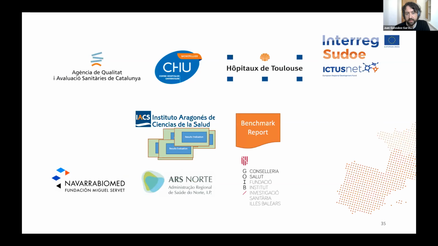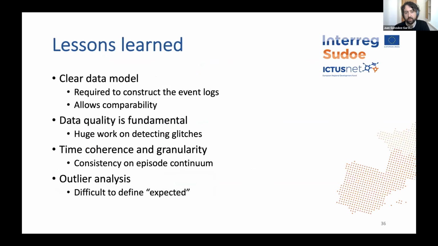And just to finish, the lessons we have learned from the overall project, the process mining methodology plus these federation elements, are that it's very important to provide a clear data model and to have high data quality. We have been struggling with this, which is why I mentioned previously the chronological elements that were full of glitches.